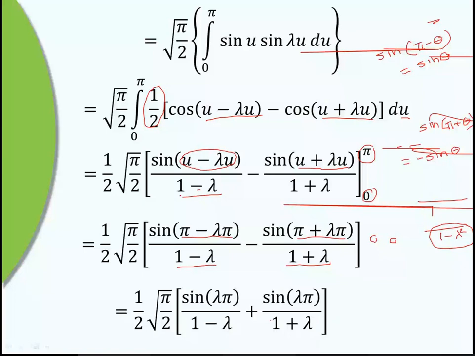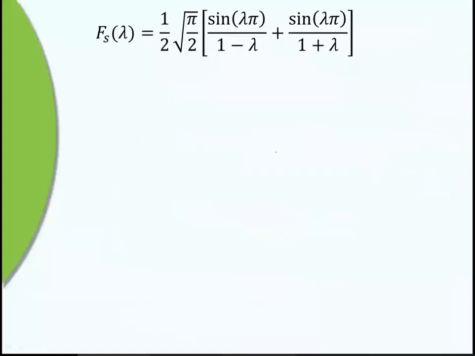You can take sine lambda pi common outside, and do the cross multiplication. After taking sine lambda pi common, multiply this to 1, then multiply 1 minus lambda to this side. That will be 1 after taking this term common, and then the multiplication of these two terms.